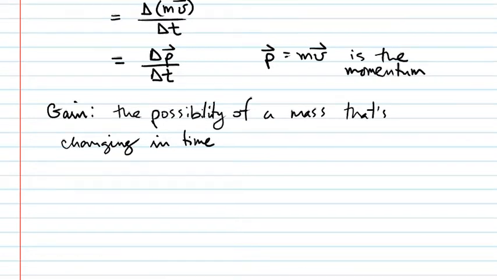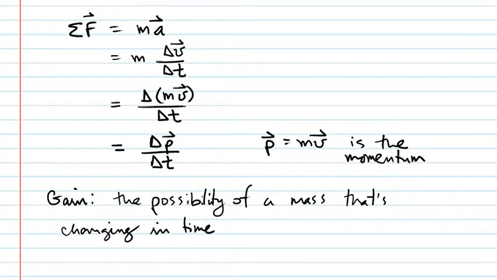For instance, if the object we're observing is a pickup truck full of dirt, but the dirt is leaking out, as long as we're focusing on the truck and the dirt within it, the mass is constantly decreasing. We haven't up to this point had to worry about a mass that's changing.